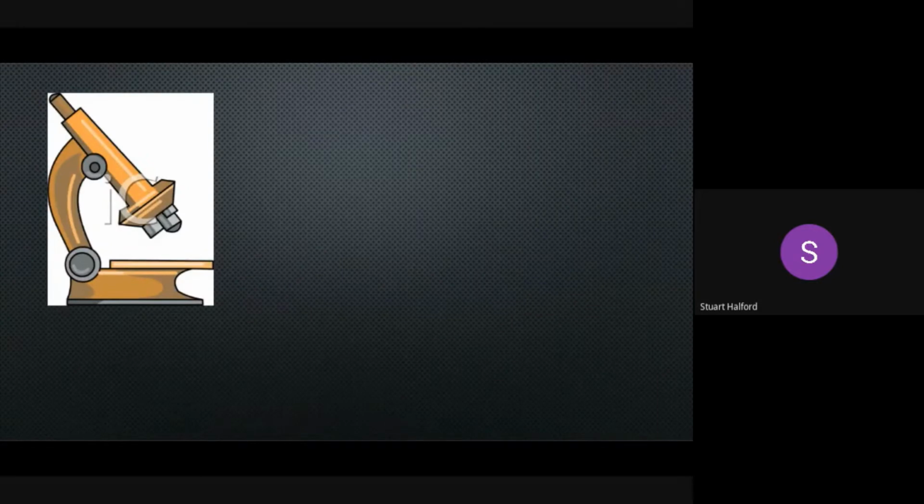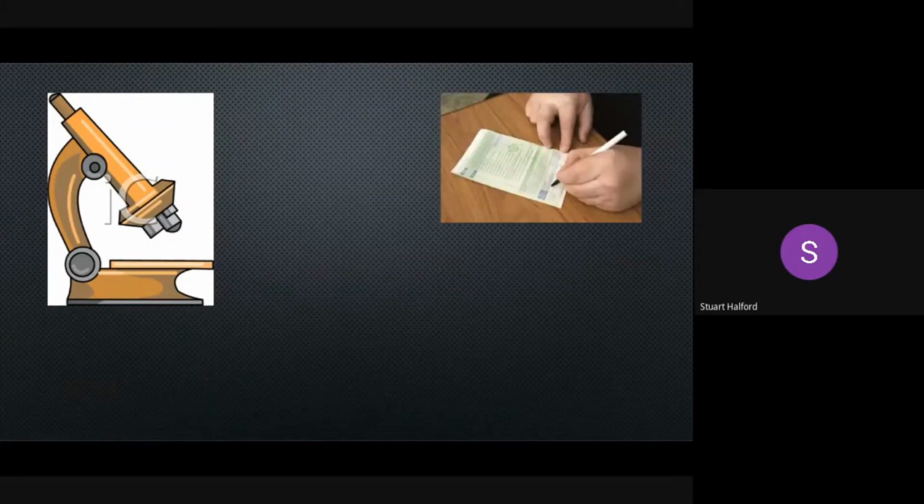So there are two approaches that we can take then to language generally, but certainly this crops up a lot in the investigation of grammar and syntax. We have two images here, one of a microscope, one of a prescription. And the microscope is hinting at the descriptive approach to language.